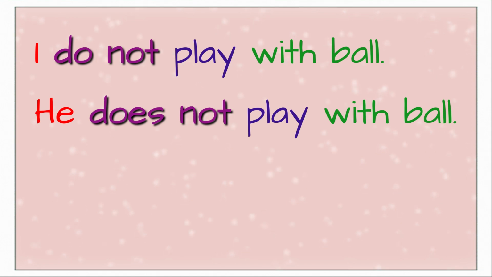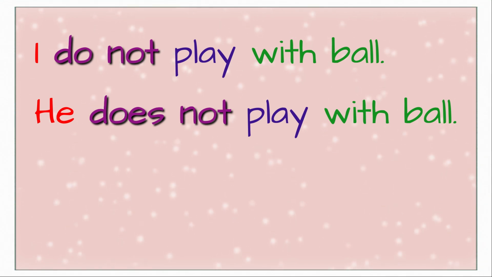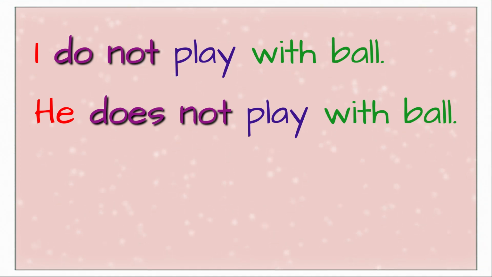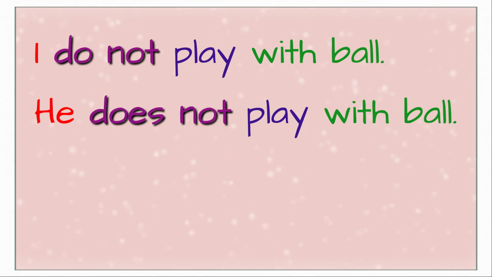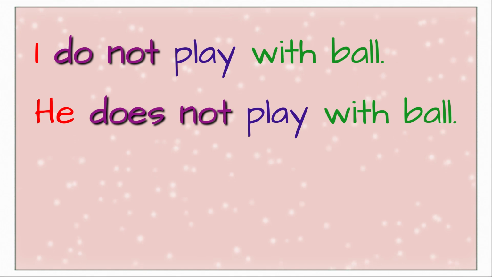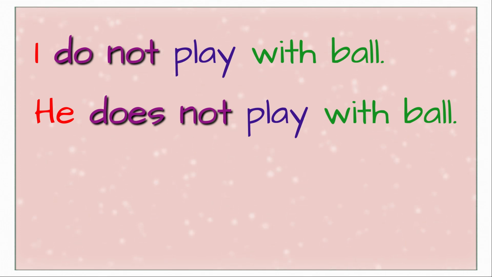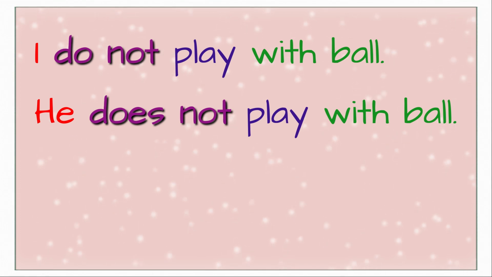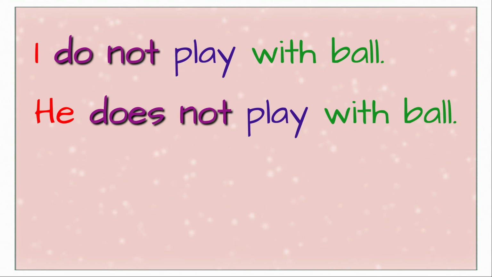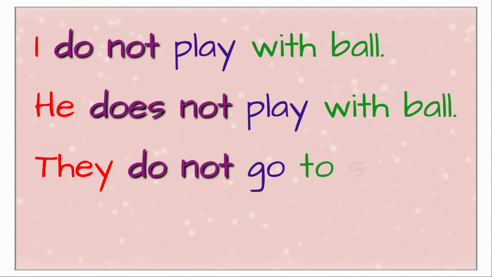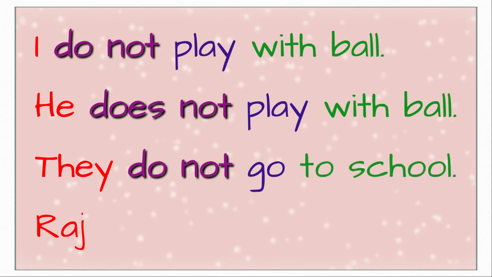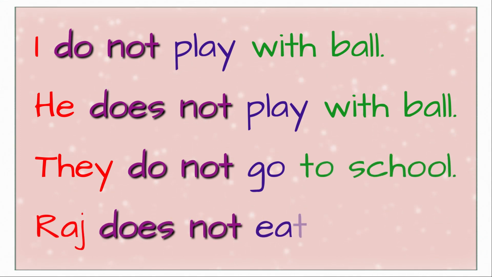Already es is added in does, so again there is no need to add s or es to the verb. In negative sentences, we use the first form of verb only. They do not go to school. Raj does not eat mango.